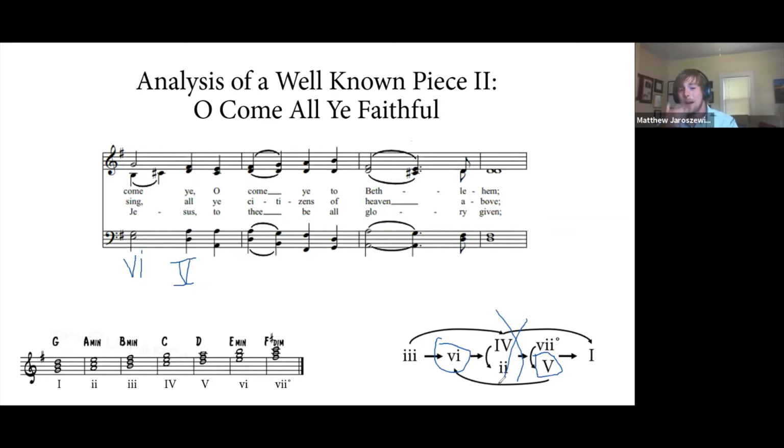And that will clue us in, because it doesn't follow the flow chart, that this C sharp is probably not just a passing tone, that there's some reason that that C sharp is there. I'm going to get to that. For now, we're just going to put a question mark in here, and we're going to keep plugging along.